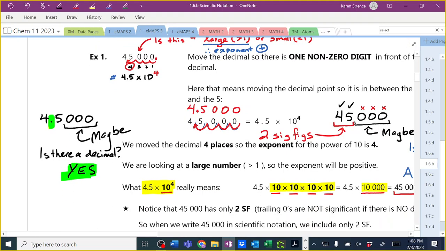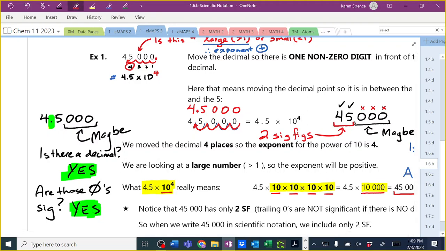So are those zeros significant? And the answer is yes. If I were to look at this number and I said, how many significant figures?